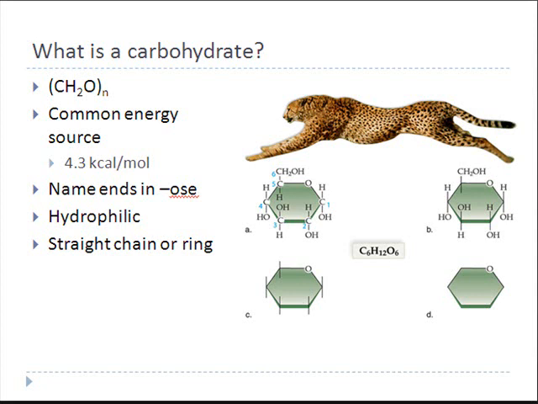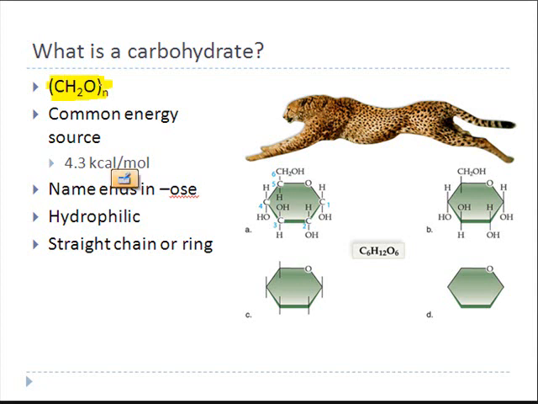So we're going to talk about what the basic characteristics of carbohydrates are first, and then we'll talk a little bit about how you make long chains of carbohydrates. Carbohydrates all have this basic formula. They contain 1 carbon for every 2 hydrogens for every 1 oxygen.